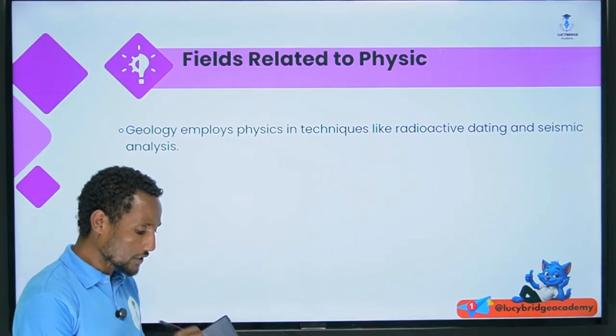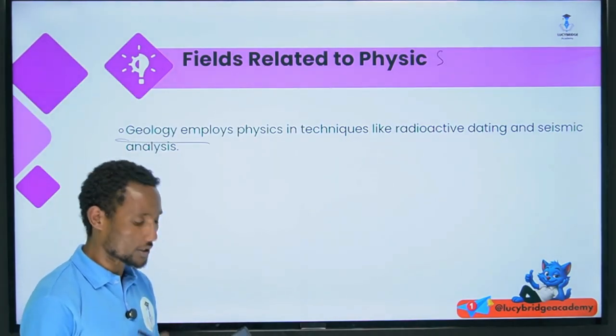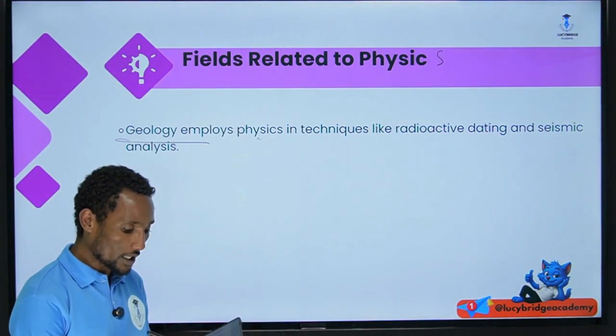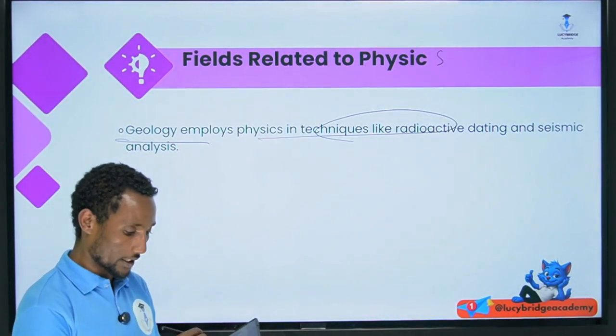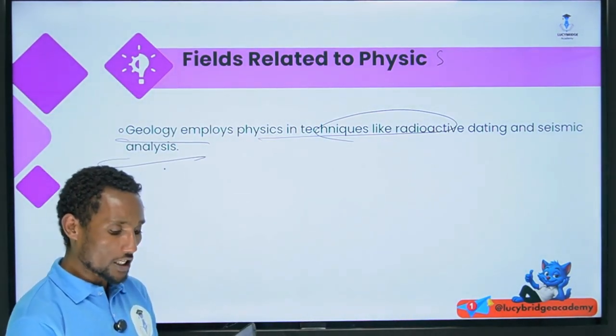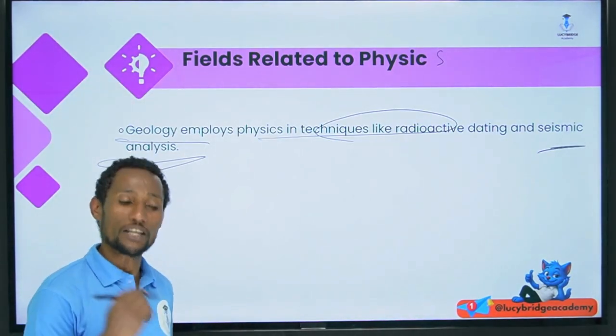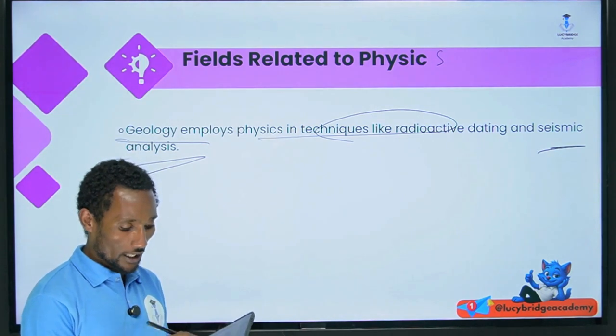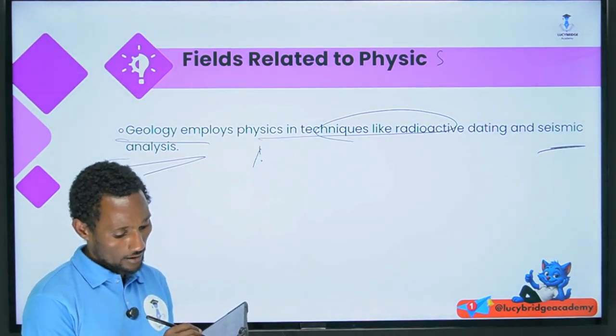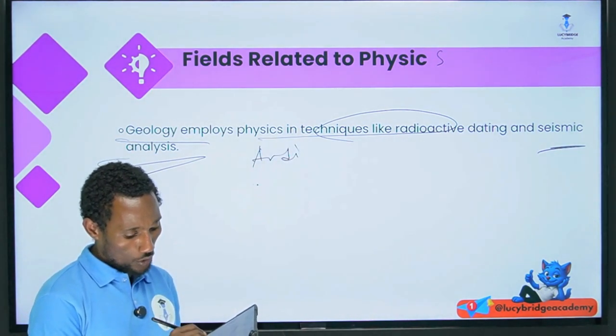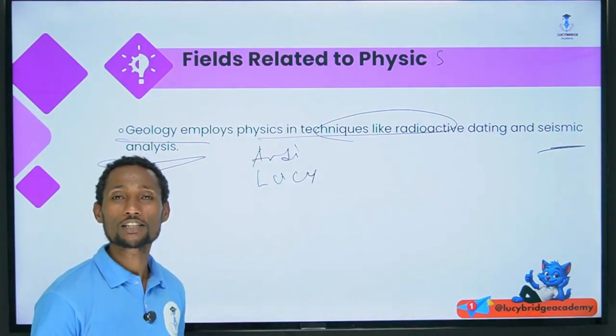The other basic physics concepts are related to geologists, who employ techniques like radioactive dating and analyze what? The seismic analysis. Radioactive dating is for finding fossil evidence. Radioactive dating, like RD, Lucy, Rinkenesh.